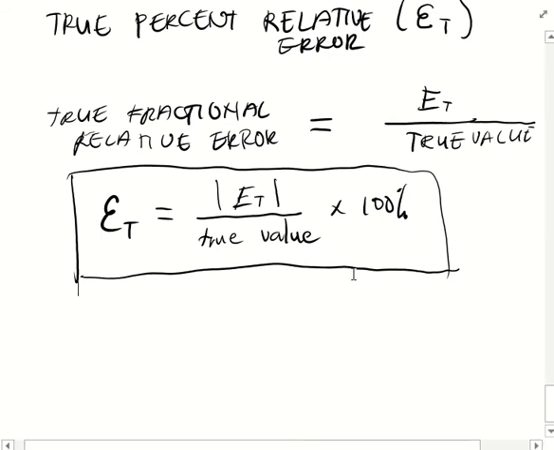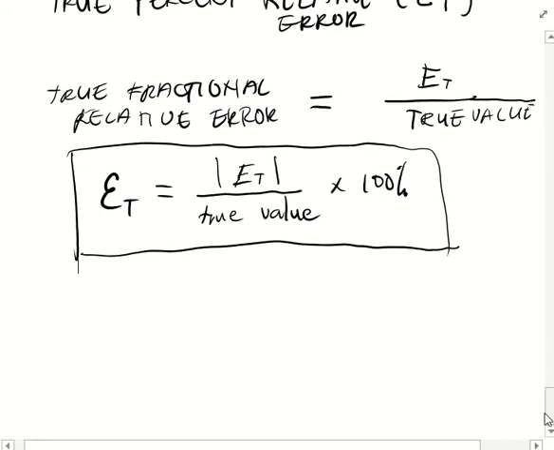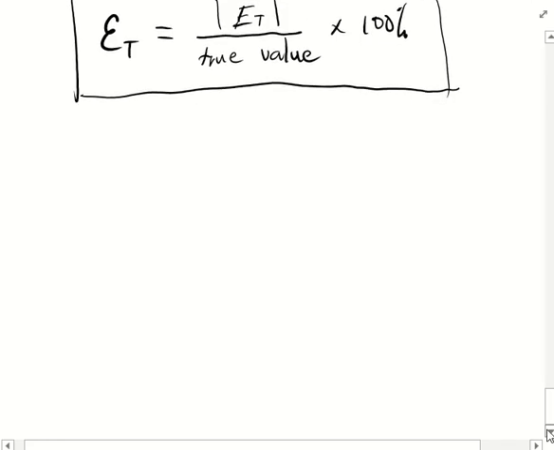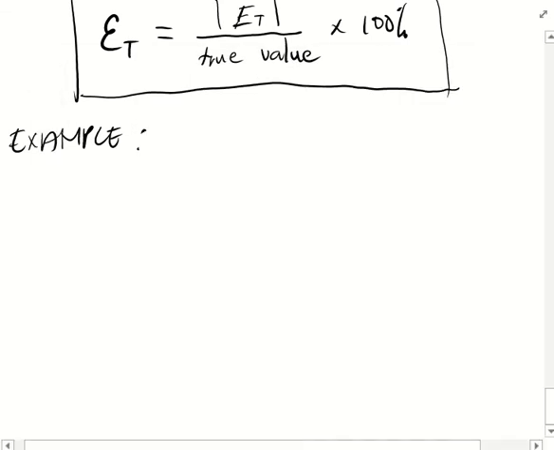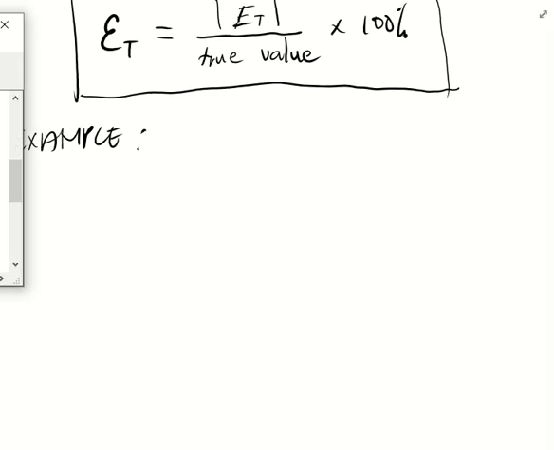So let's take an example. This one, I'll just copy it, then paste it here.